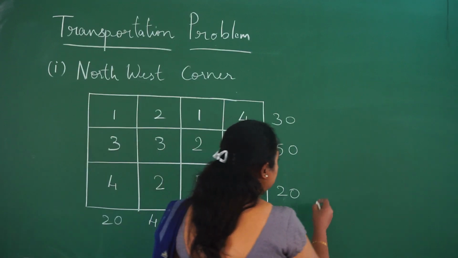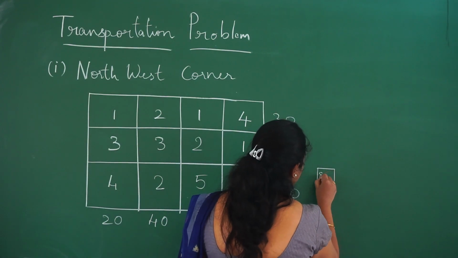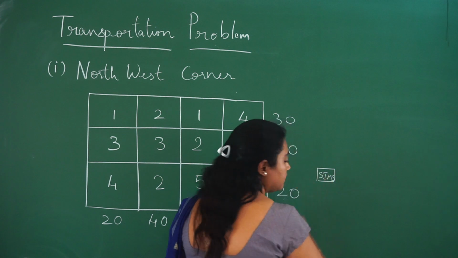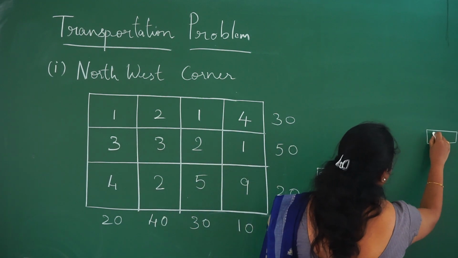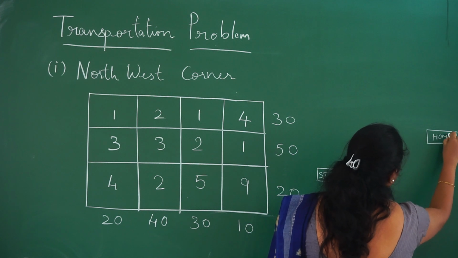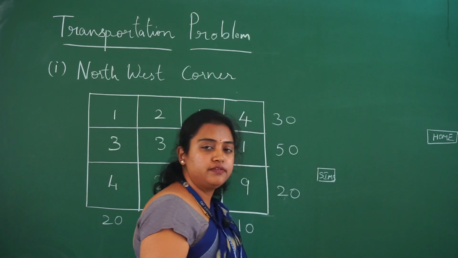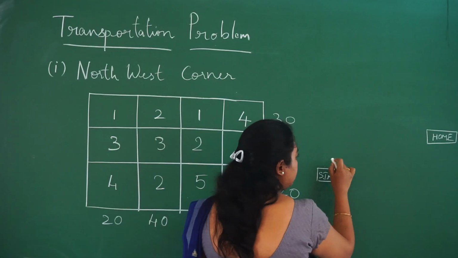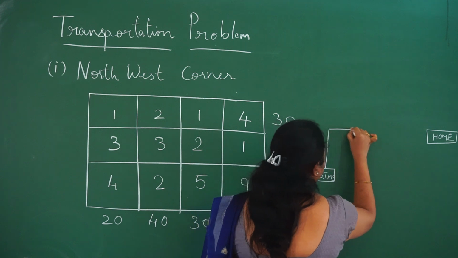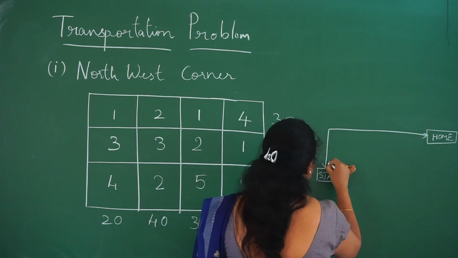For example, this is your college and this is your home. You have to travel from your college to home, which is what you do daily. Suppose there are three ways to travel from your college to your home.